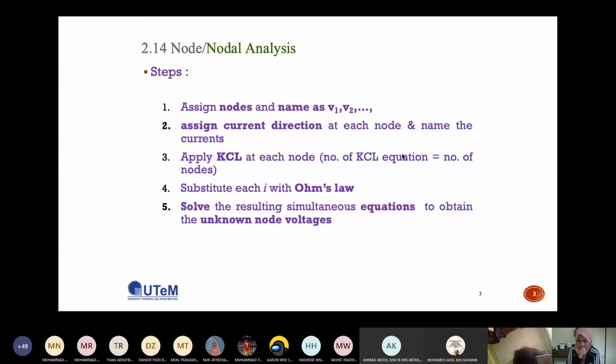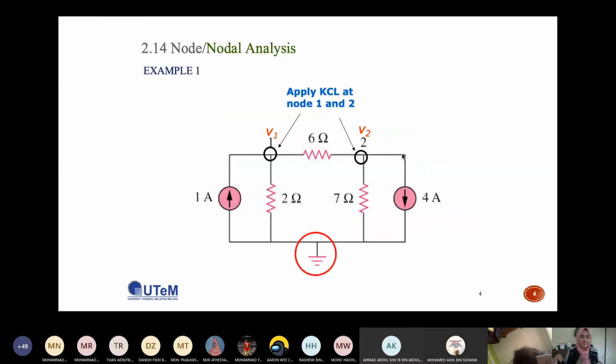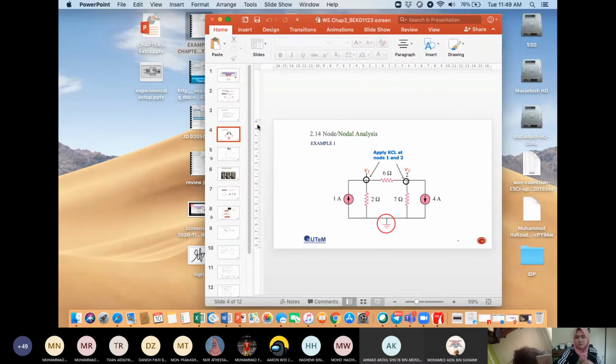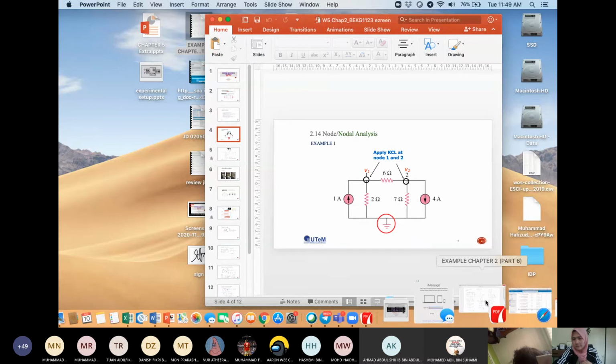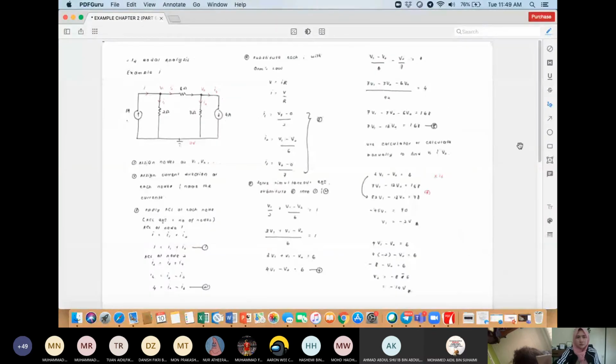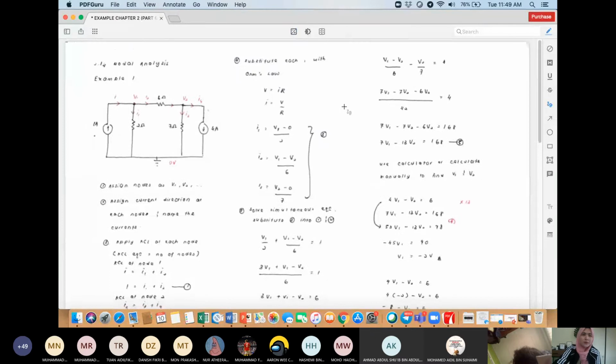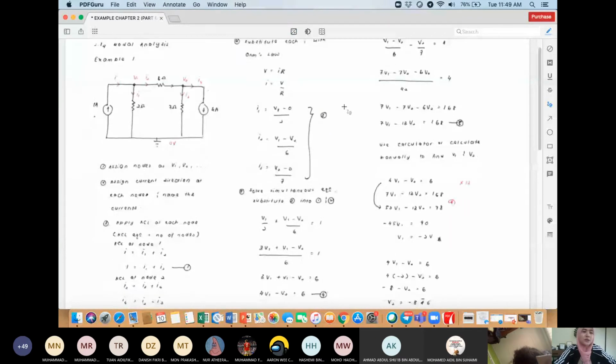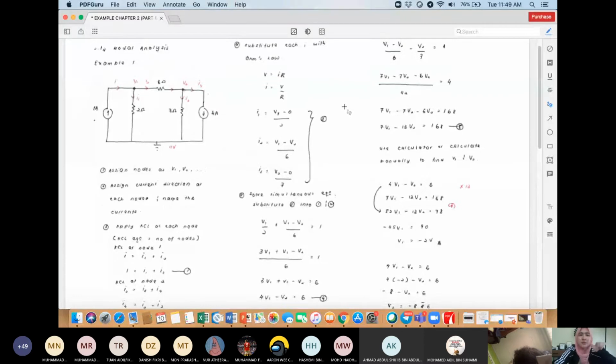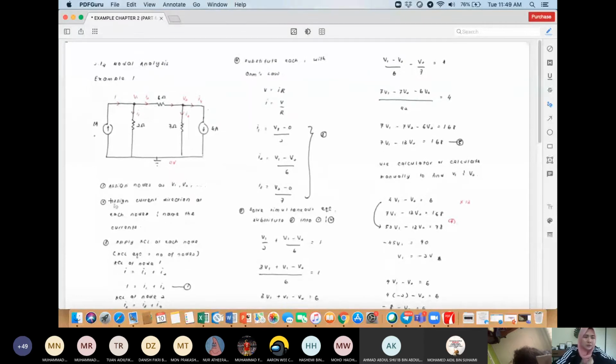Okay, so now let's try and do example 1. So this is example 1. I hope you can see this clearly. Remember, for the nodal analysis, we have the 5 steps. So first, look at here.